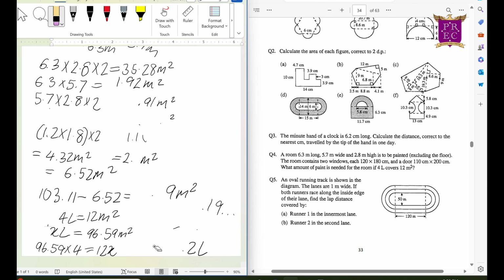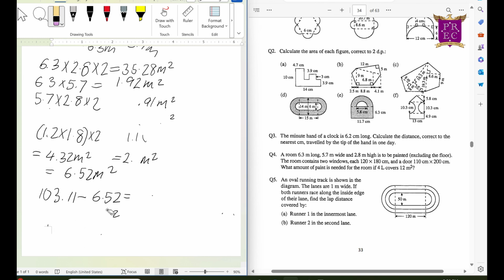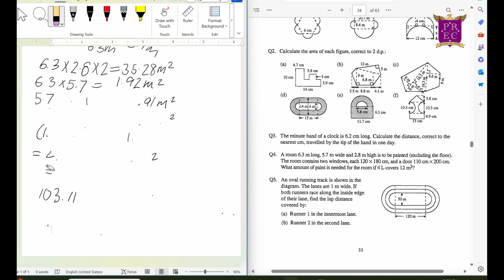An oval running track is shown in the diagram. The lanes are 1 meter wide, so remember the lanes are 1 meter wide. If both runners race along the inside edge of their lane, find the lap distance covered by runner 1 in the innermost lane.